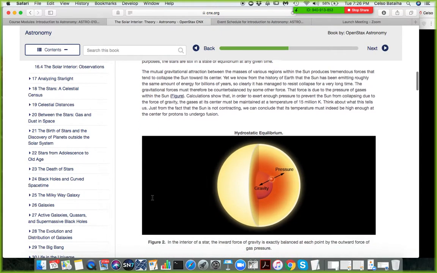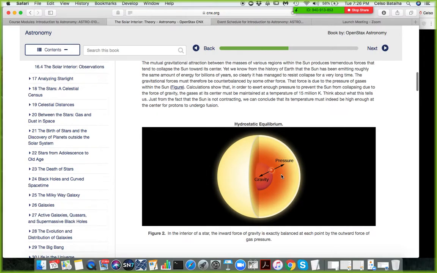The sun is a stable star, and I think we mentioned this previously, the sun is a star that is under what we call hydrostatic equilibrium. This is an important term. Hydrostatic equilibrium means the sun is not contracting like a young star, and the sun is not expanding like an old star dying.